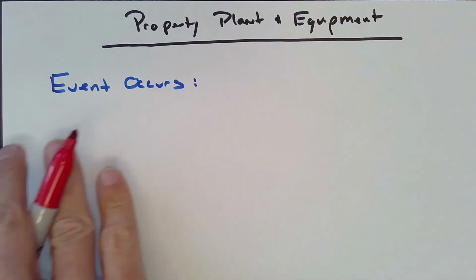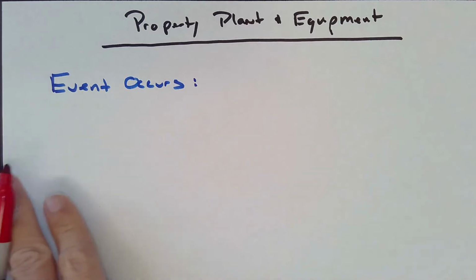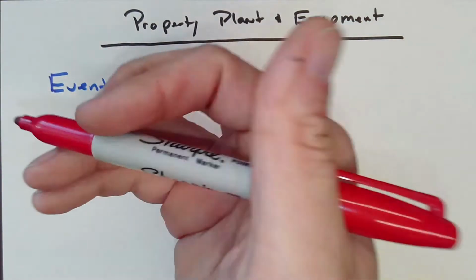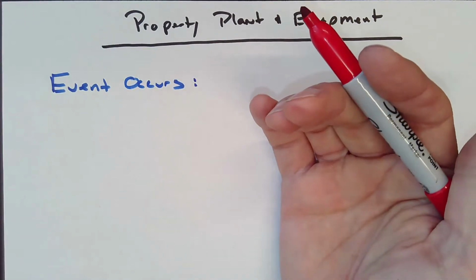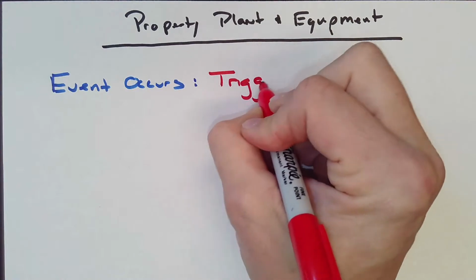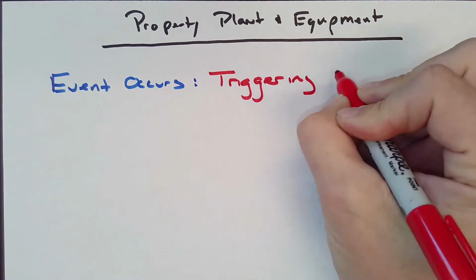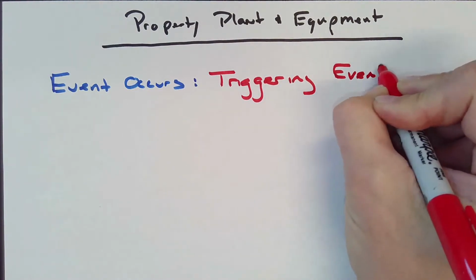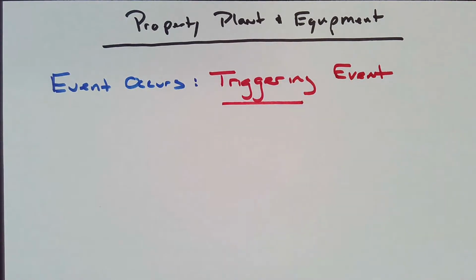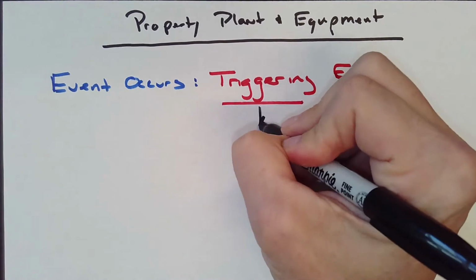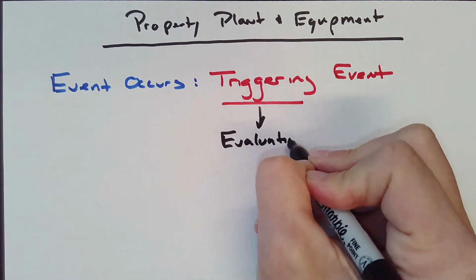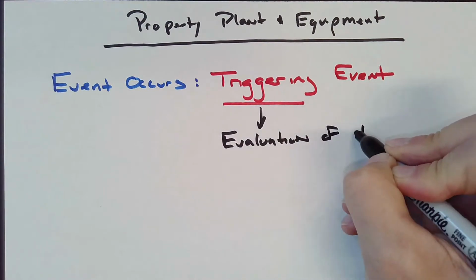Something happened, they're damaged, they're not useful anymore. So when that event occurs, it's referred to as a triggering event. And what it's triggering is an evaluation of the asset.